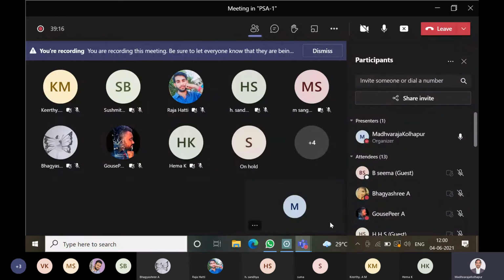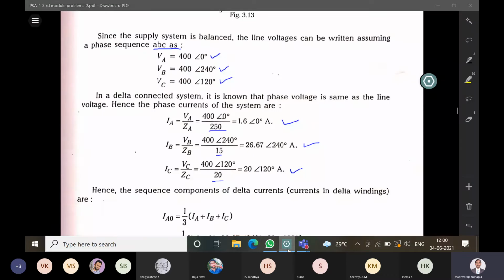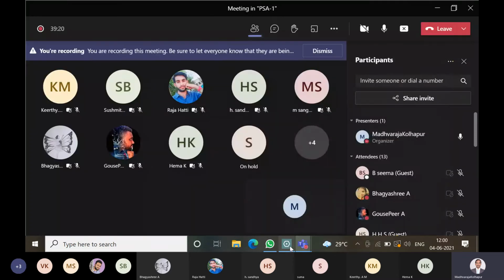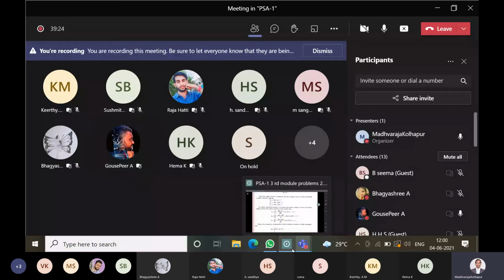Tell the answers. Capital IA, capital IB, and capital IC. What is the answer? Are you having the calculator? Are you calculating or not?